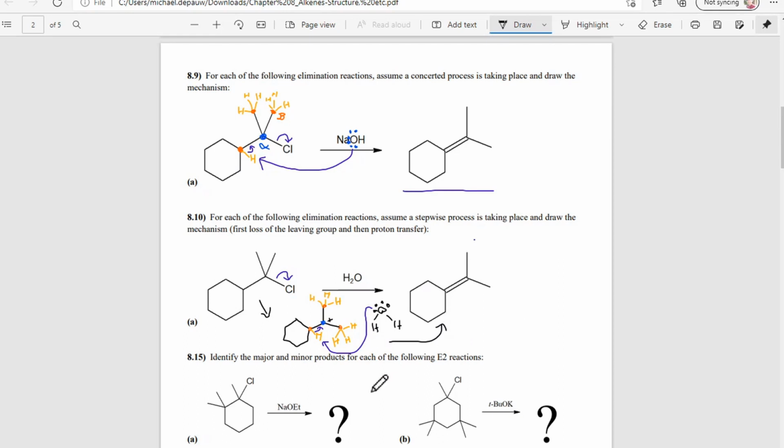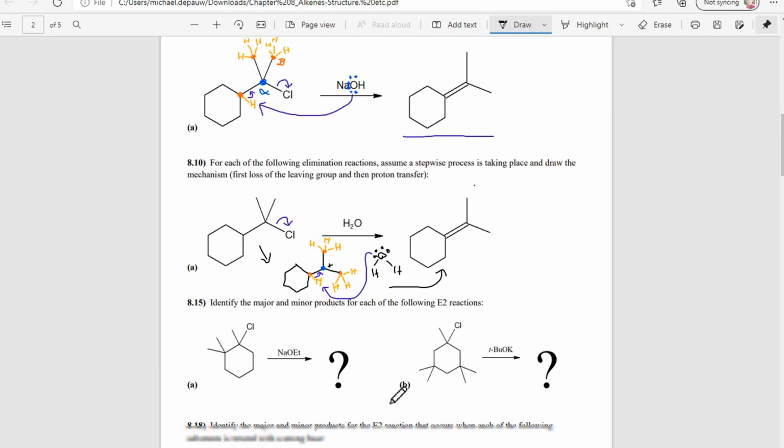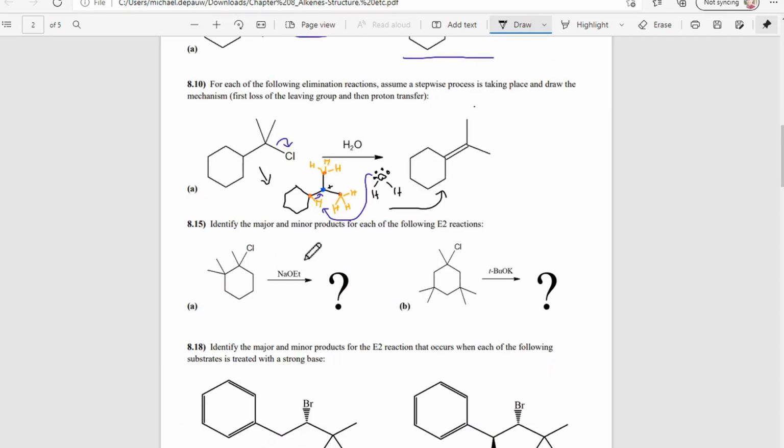So there we go. Now, next one, it says predict the major and minor product for each of the following E2 reactions. What is the name of the reagent? That'd be sodium ethoxide.